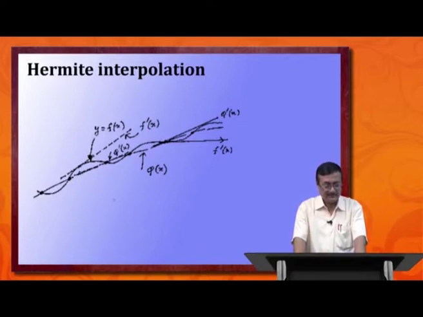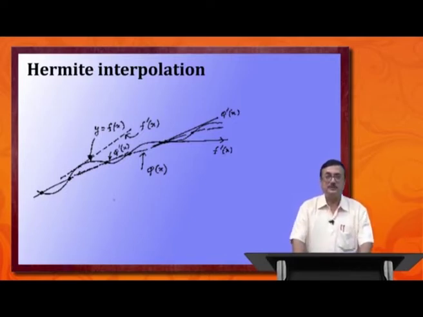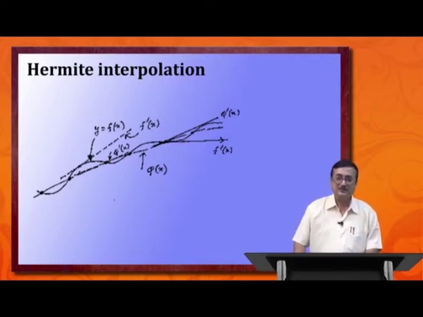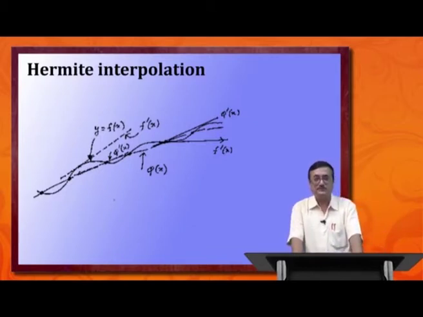But see that the tangent to the curve, which is denoted by f'(x), and the tangent to the polynomial curve, which is denoted by phi'(x), differ a lot. So although we are able to interpolate the functional value by means of the interpolation formula, we are not able to obtain the slope of the curve by using the interpolating differentiation formula.